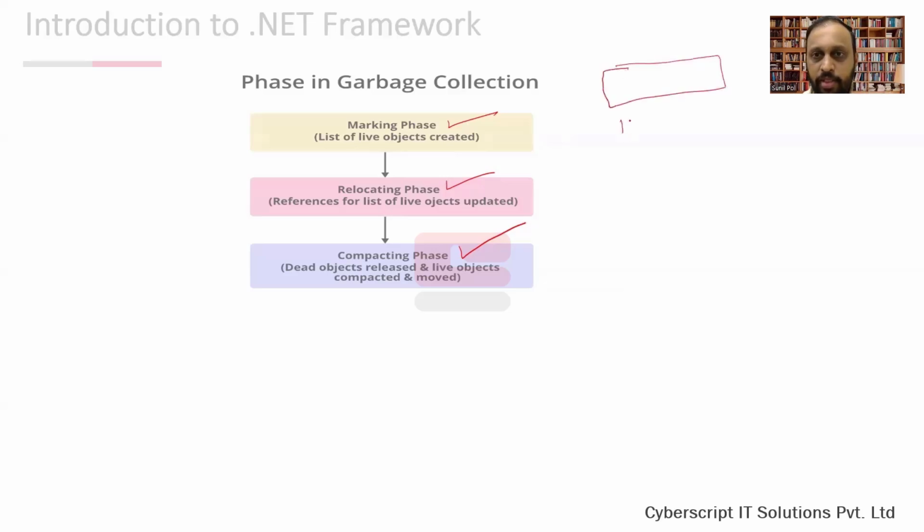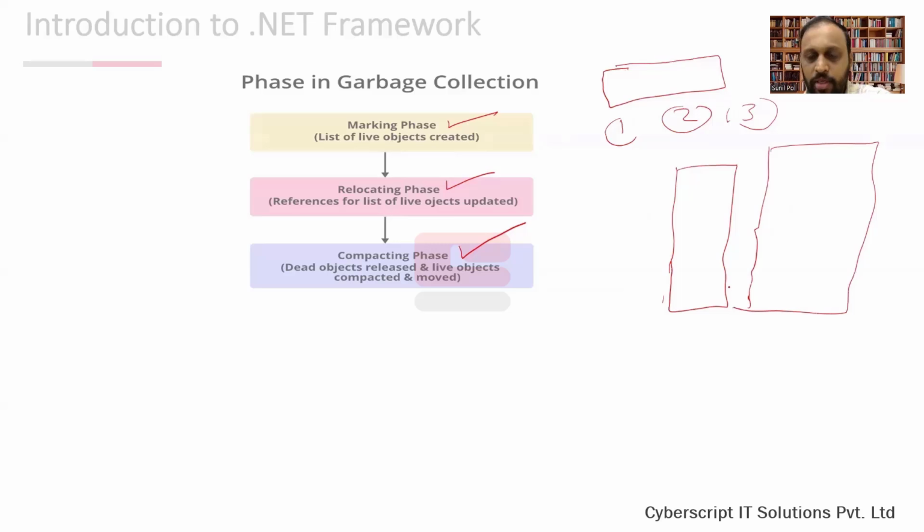So this is application root 1, root 2 and root 3. This is our stack memory and this is our heap memory. In the marking phase, garbage collector will check whether those objects from the heap memory are referred by any application root or not.